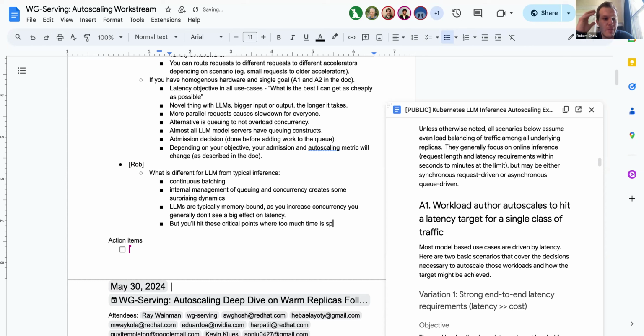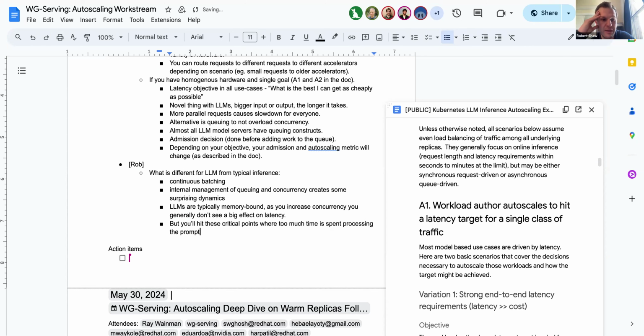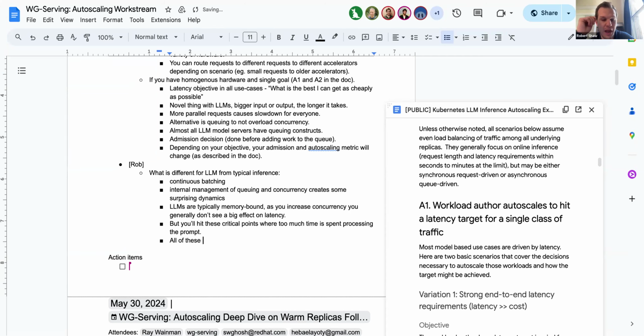All of that nuance makes it difficult to configure the auto scaling completely properly, and I think we want some nuance around what we mean by concurrency and what we mean by queuing because of this fact.